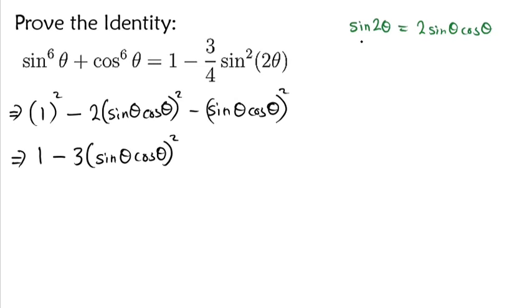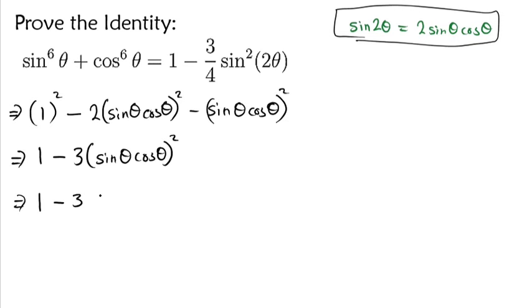Now, we need a 2 for this identity to work. So for us to introduce a 2, we have to say 1 minus 3, open bracket, half times 2. Remember, half times 2 is still 1.